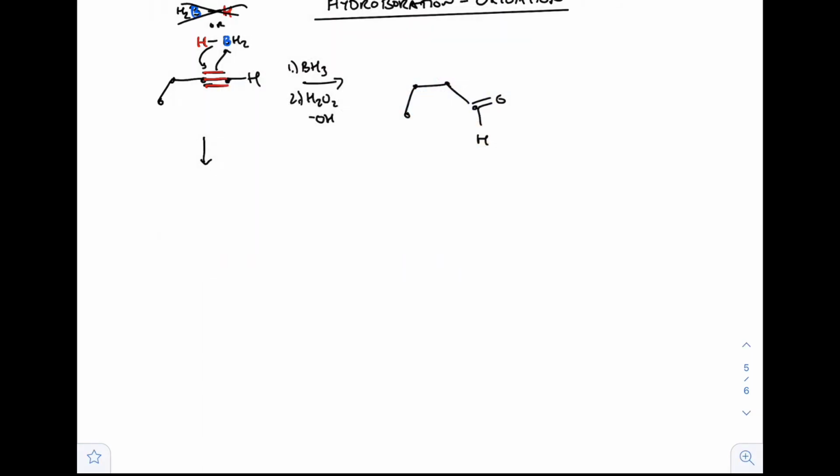Remember, that hydride attacks that pseudo-positive carbon in a concerted fashion. So it's a concerted addition of BH across that carbon-carbon triple bond to give you this product right here with one unit of BH3 added across that pi bond. And they are going to be cis too, because remember, this is a concerted addition that was syn in the alkene reaction.